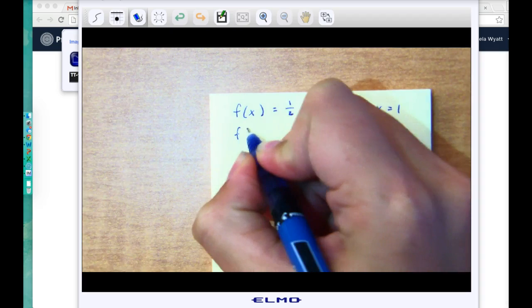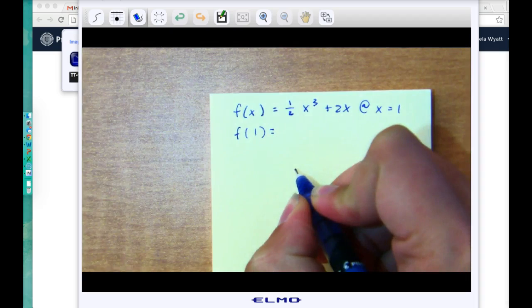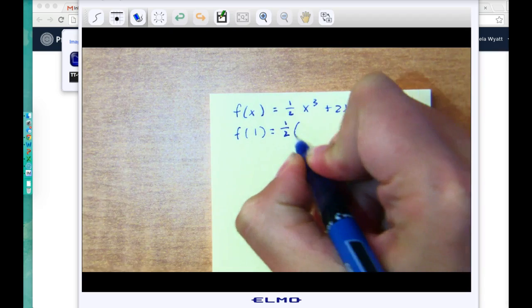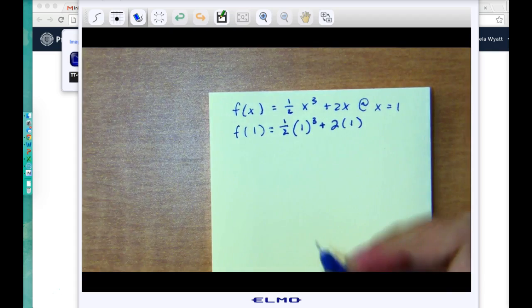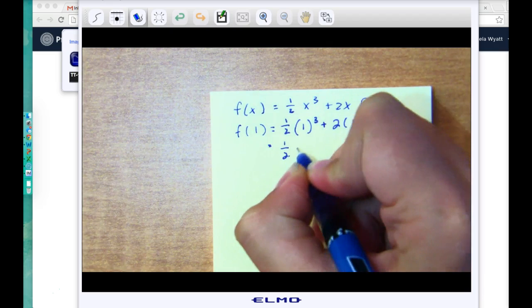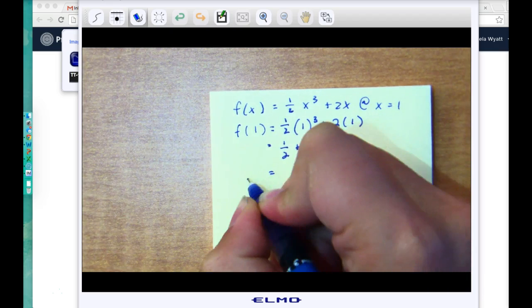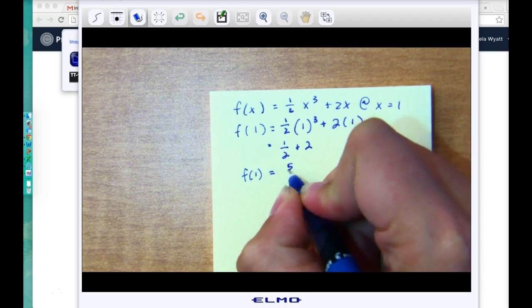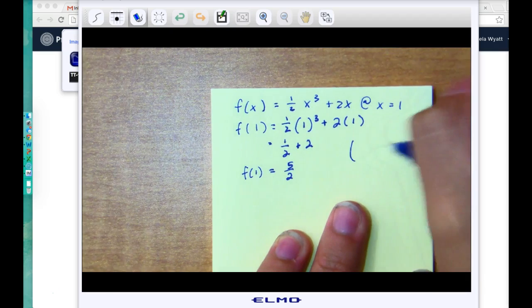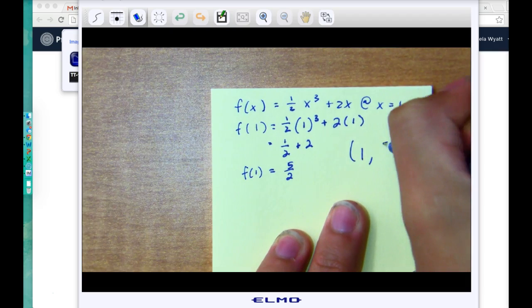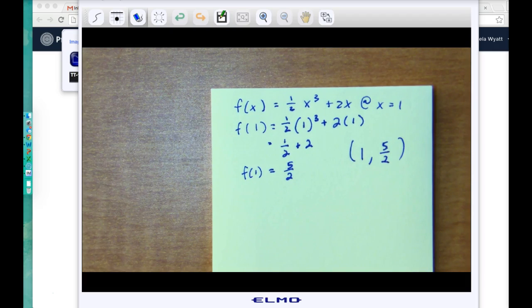So I'm going to start off by finding f of 1, which is just going to be 1/2 times 1 to the 3rd power plus 2 times 1, or 1/2 plus 2. f of 1 will be 5/2. So my point that I'm looking at for my tangent line is the point 1, 5/2. This will be helpful later.